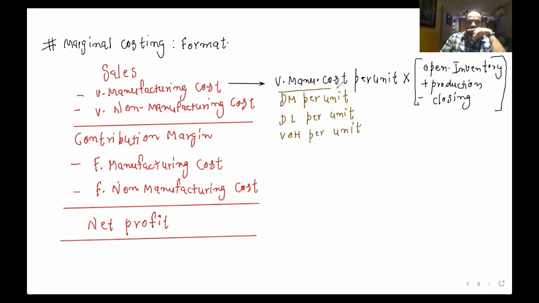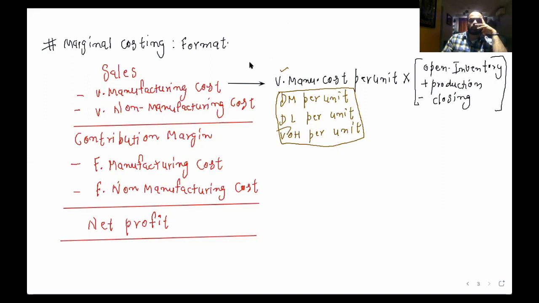That's it. This is your variable manufacturing cost. So this number, variable manufacturing cost per unit, is multiplied by opening plus production minus closing. That will be the same.